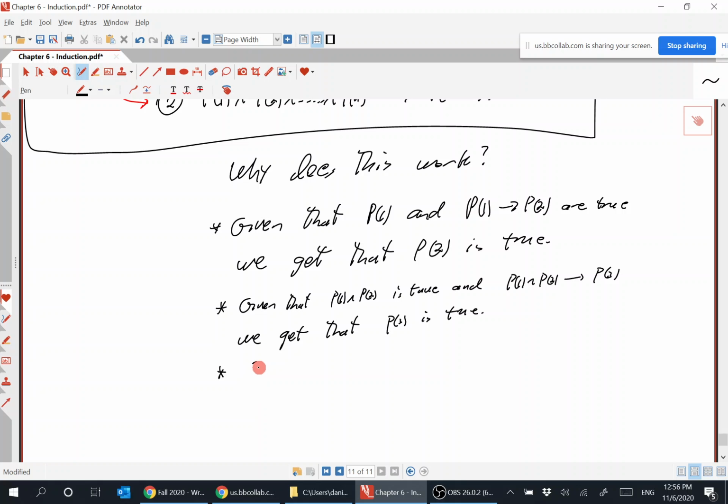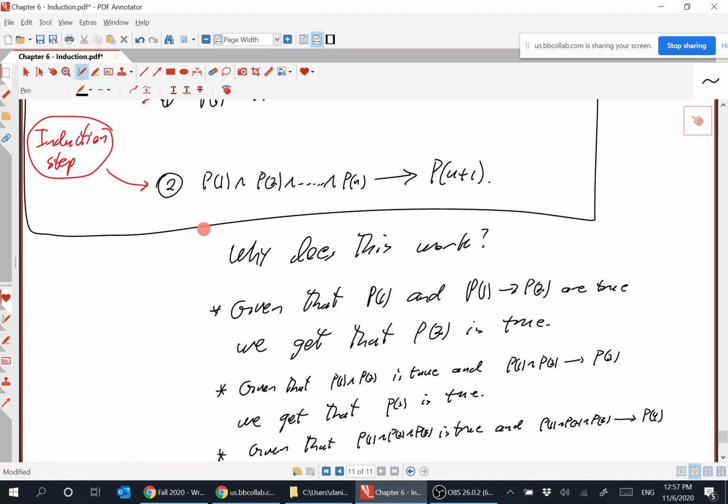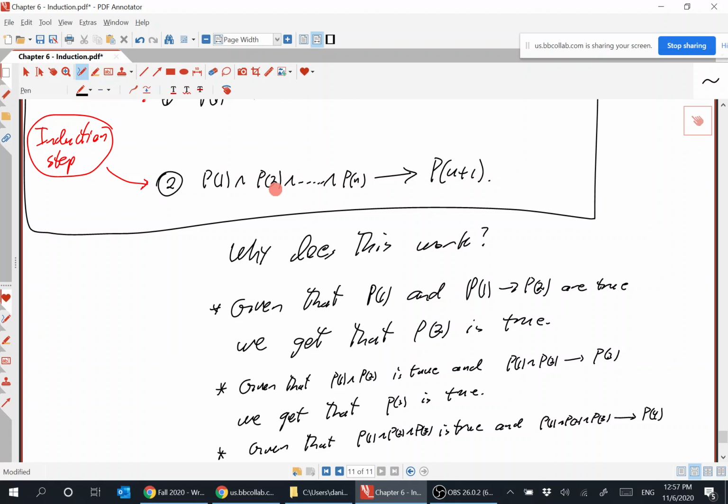Given that P1 and P2 and P3 are true, and P1 and P2 and P3 implies P4, each time in your induction step, the hypothesis grows a little bigger.